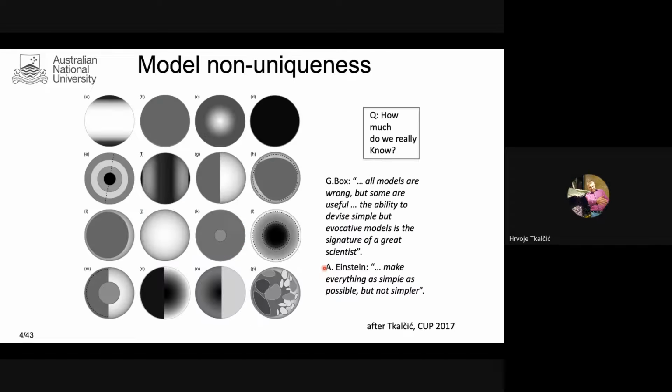But here I want to show you one example of how this can lead to non-uniqueness. What you're seeing here are models of the inner core anisotropy. This was a property observed in the 1980s: the waves that travel along the Earth's rotation axis travel faster than those in the equatorial plane.